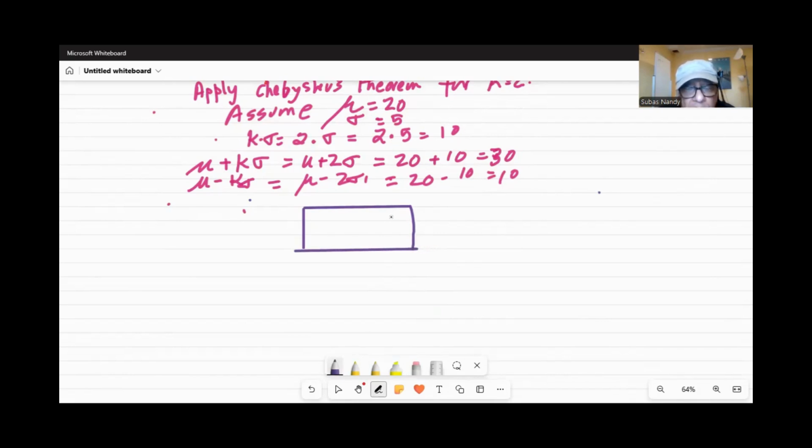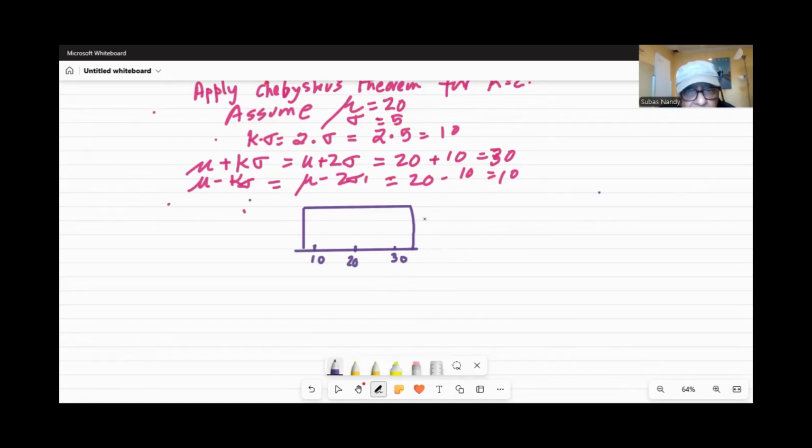So this is the center. Remember, the center is 20. I went 2 standard deviations to the right of the mean, to 30 over here, and 2 standard deviations to the left of the mean, which is 10 over here.